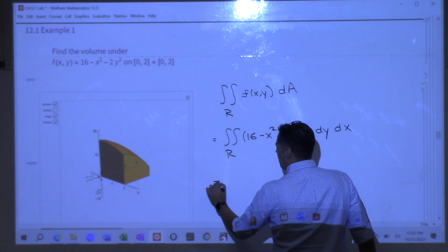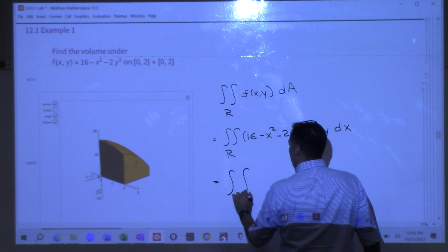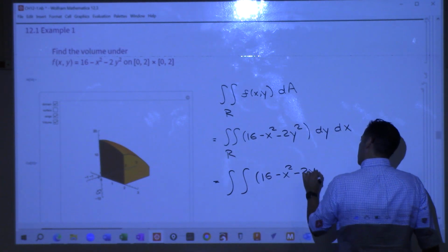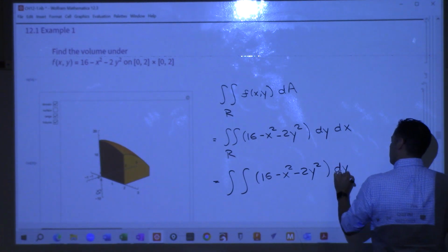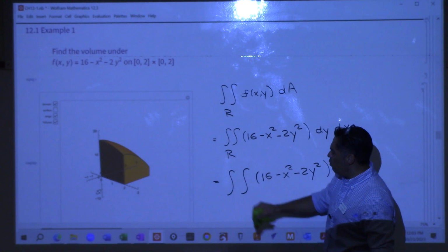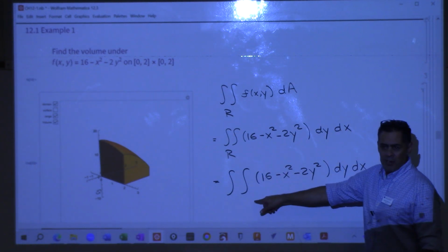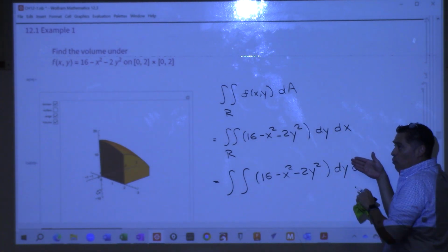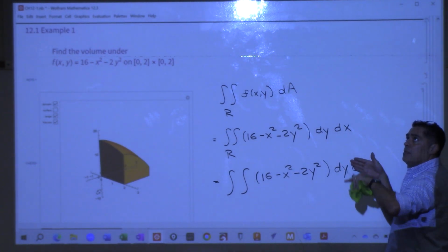And with that, I think I can now replace this r over here with what? Our limits of integration. Okay, so we start by looking at the inside one, dy. What were our limits on y? 0 to 2.